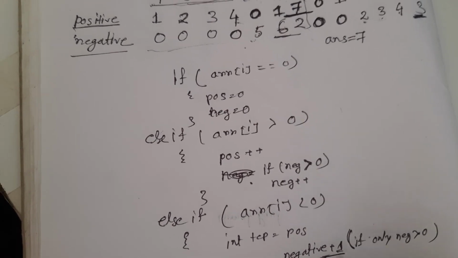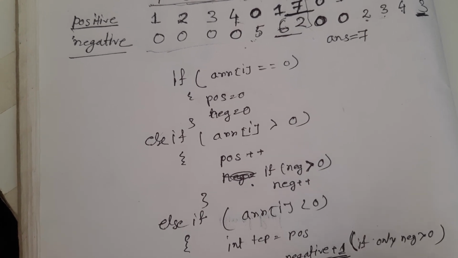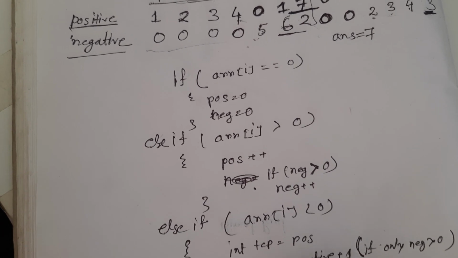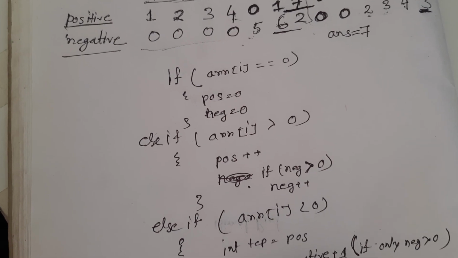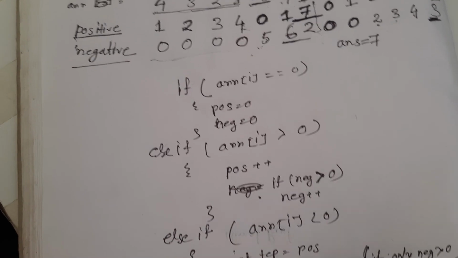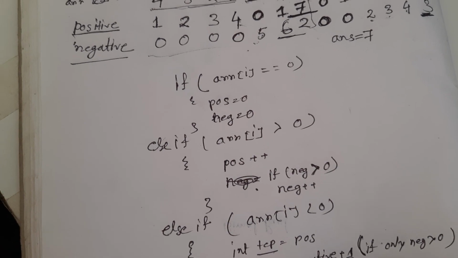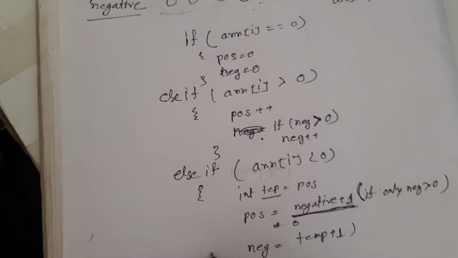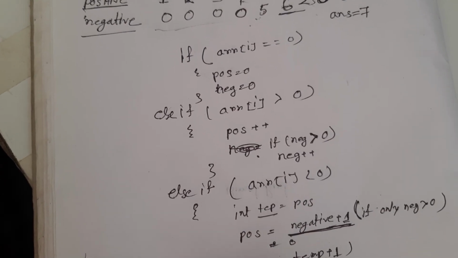You need to check this condition, then this should be assigned, otherwise the positive value becomes 0, and the negative value is the temp positive value plus 1, as we have done here with positive plus 1.